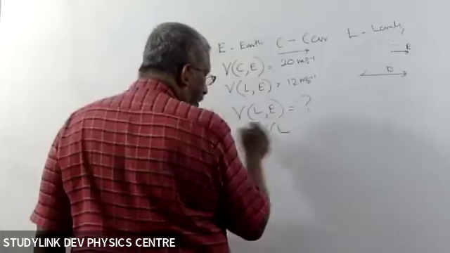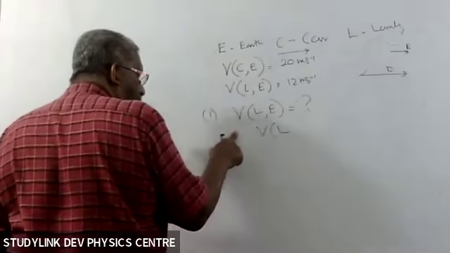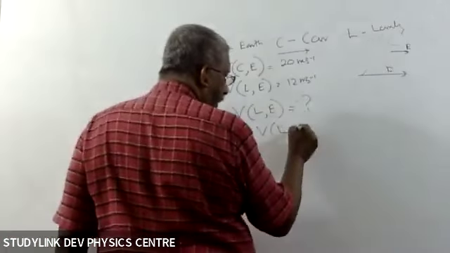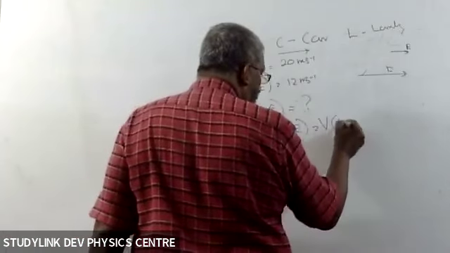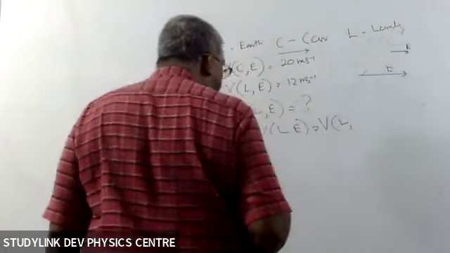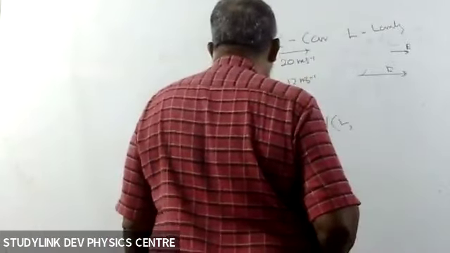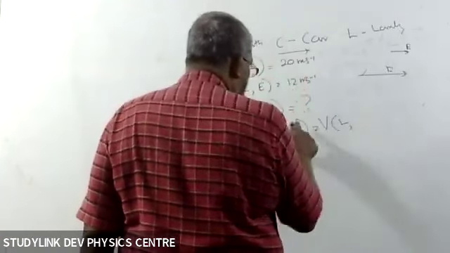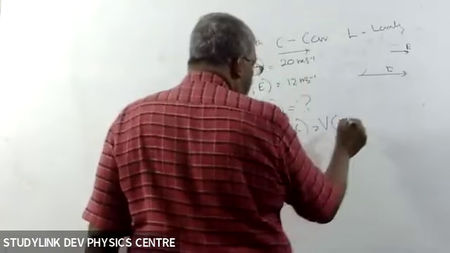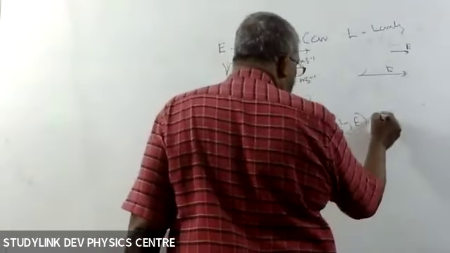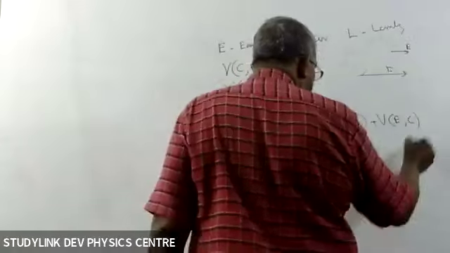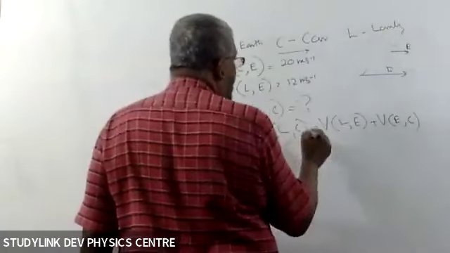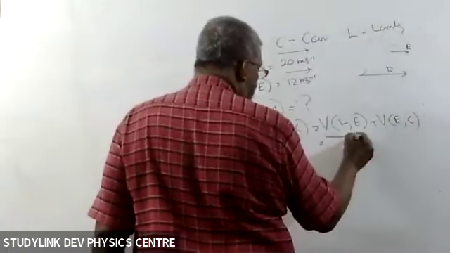Then theory, according to the relative velocity equation, even better to write it. According to the relative velocity equation, we want to find the relative velocity of the lorry relative to the car. So the lorry relative to the car is VLE plus VEC. VLE is 12 towards this direction.